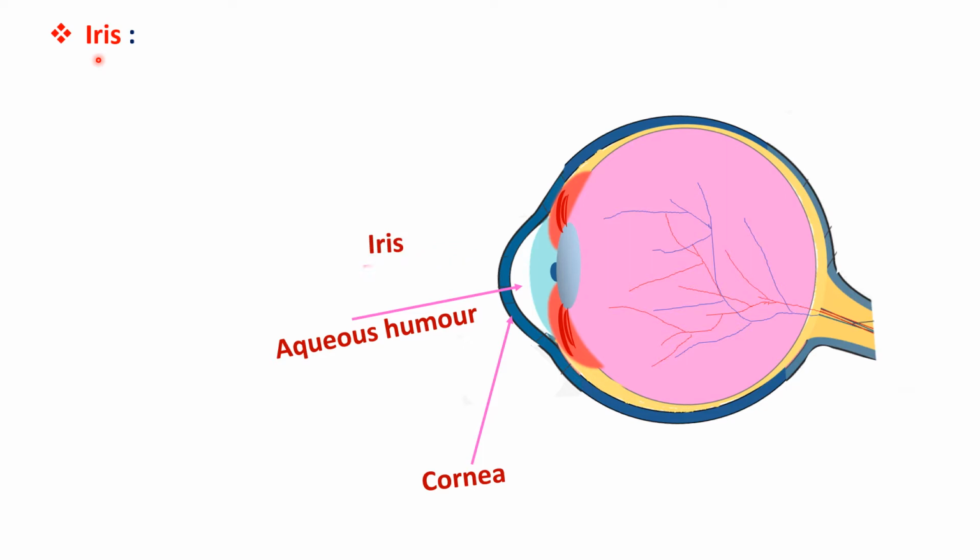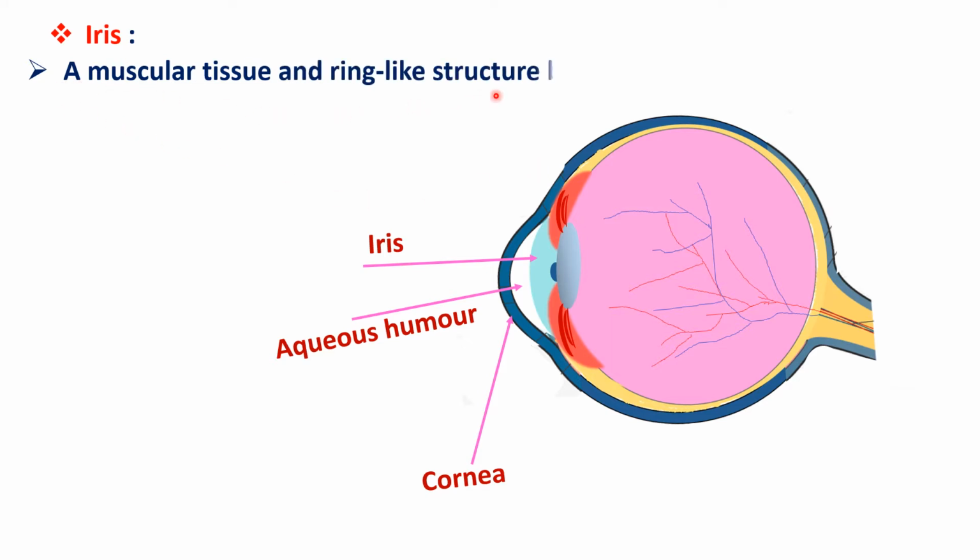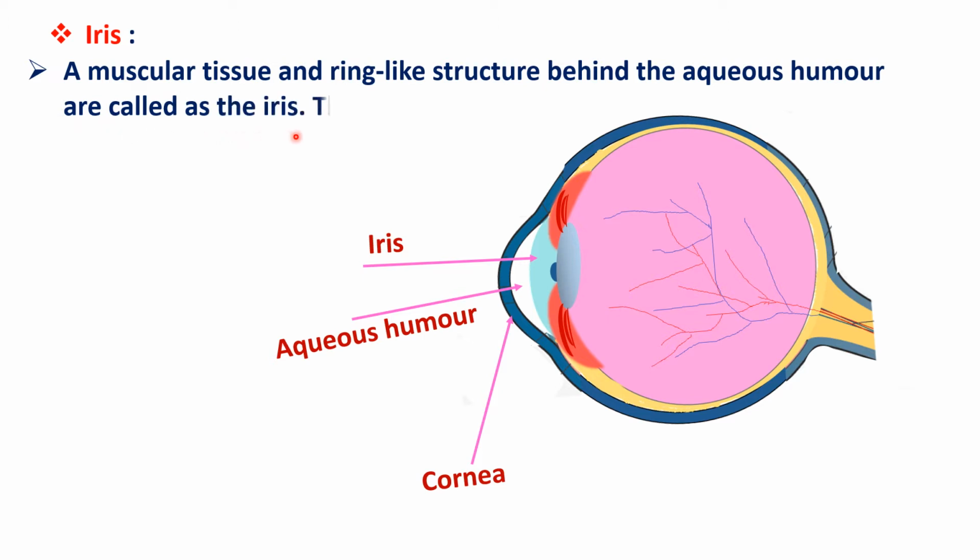See here. This part is called the iris. A muscular tissue and ring-like structure behind the aqueous humor is called the iris.